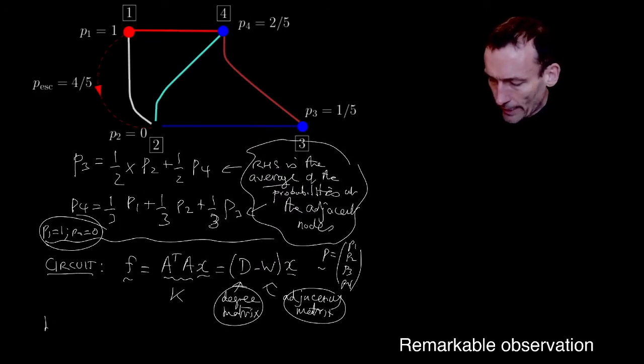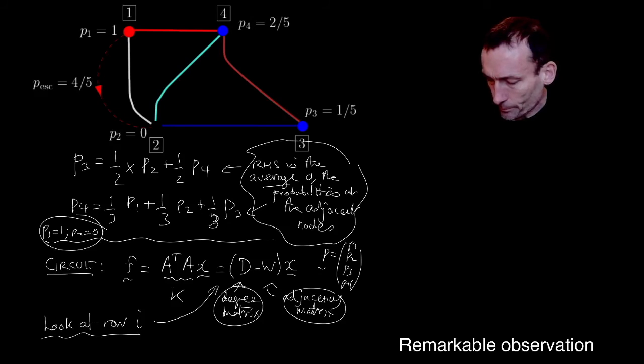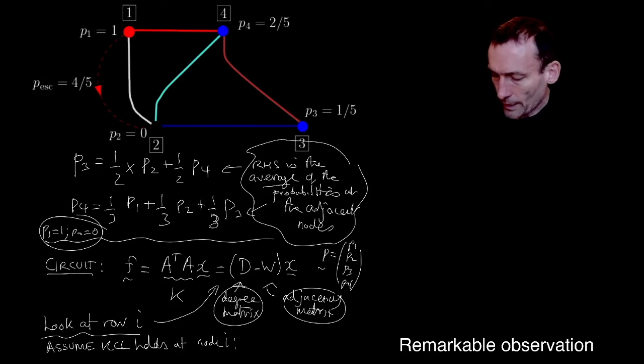Well, let's look at row i of this equation. And let's assume Kirchhoff's current law holds at node i. That means the left-hand side, which is Fi, the ith component of F, is 0 because Kirchhoff's current law holds there.